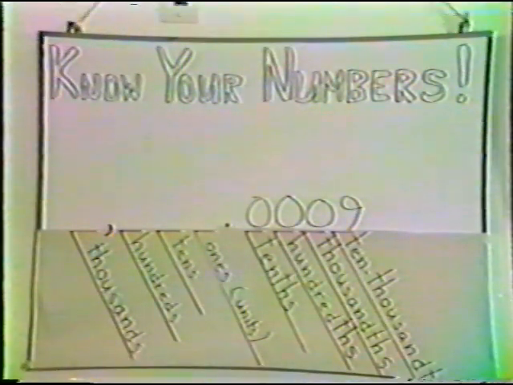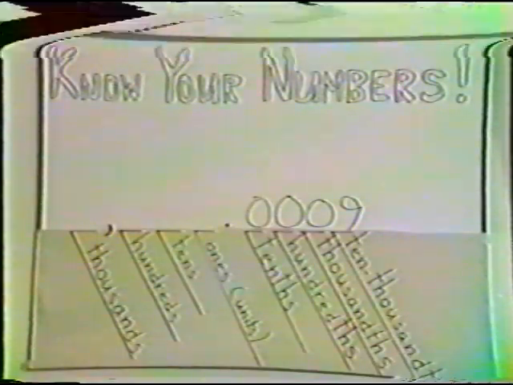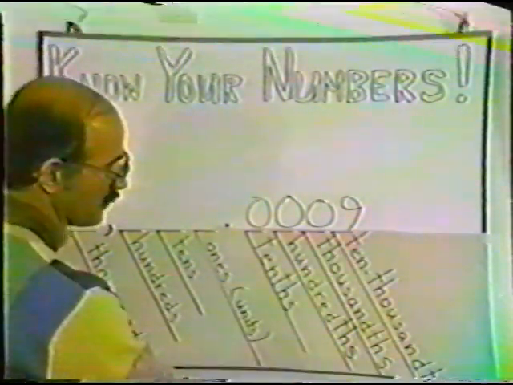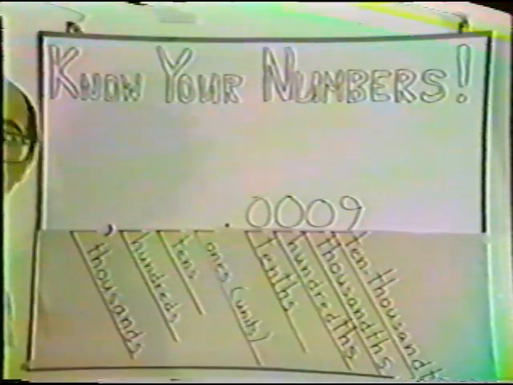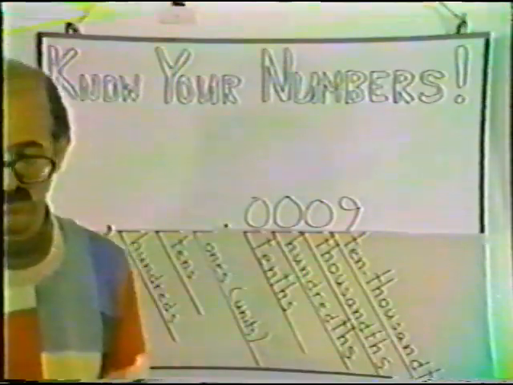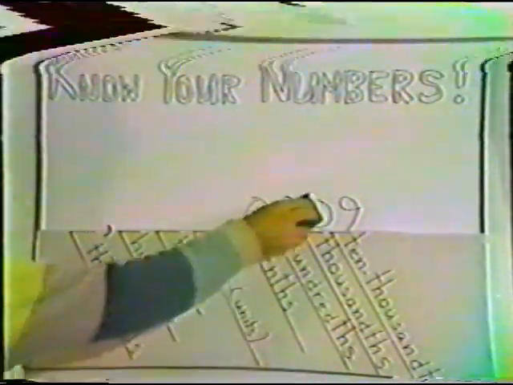Read that one. 9 ten thousandths. 9 in the 10 thousandths place, and 3 other places are each filled with zeros. Let's do one more.